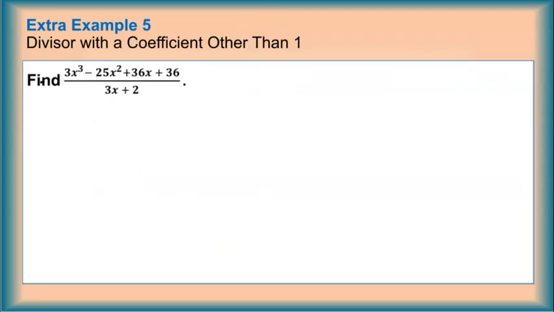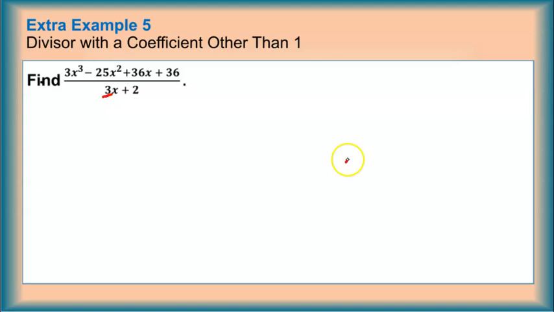And one final question here. This one has a divisor with a leading coefficient bigger than 1. So how do we solve these? The first thing we're going to do is take this first number of our divisor and divide the top and the bottom by 3.